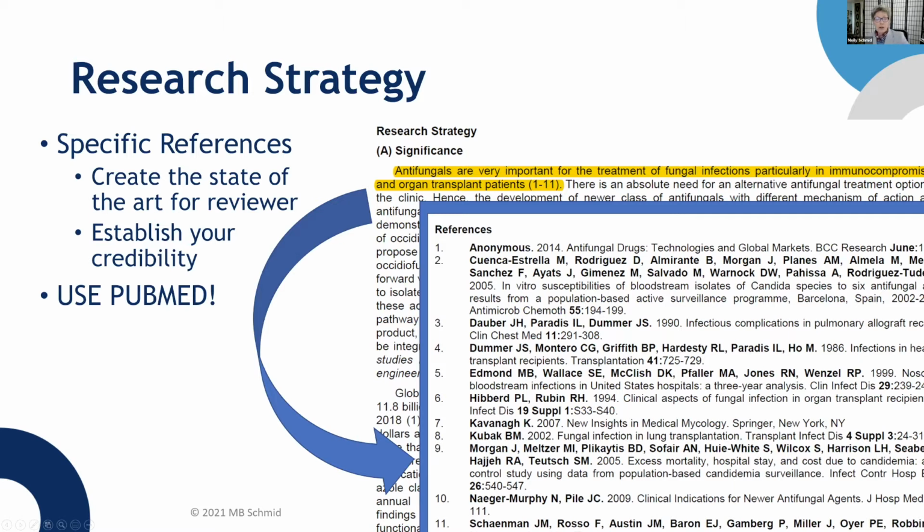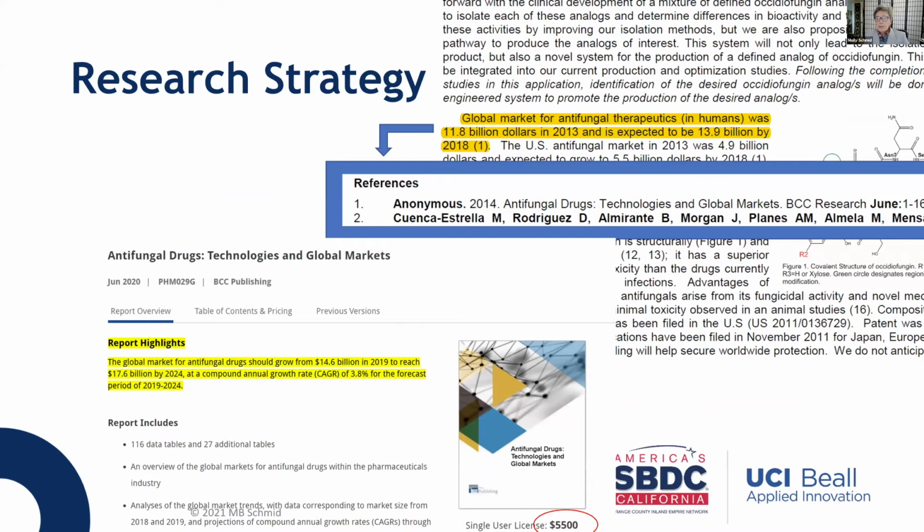All right. Later on, the next paragraph in the Smith research strategy section is a statement about the global market. And here the global market in 2013 for antifungals is $11.8 billion. And they reference the BCC research report within their references list.